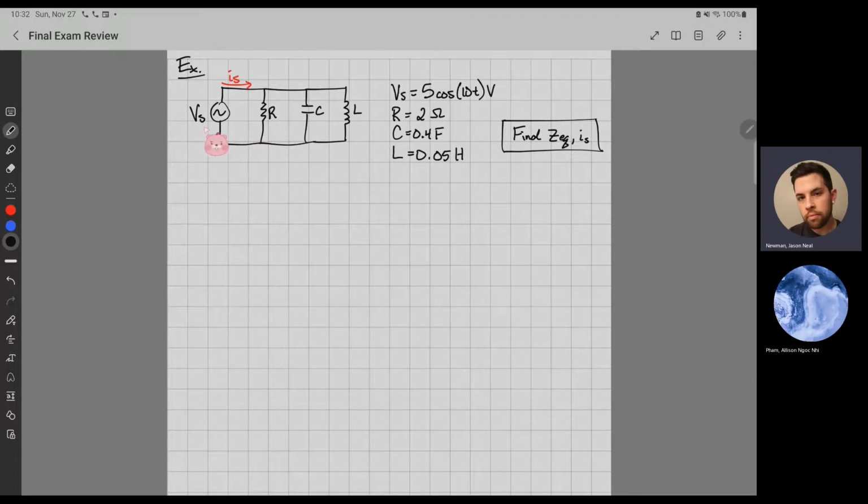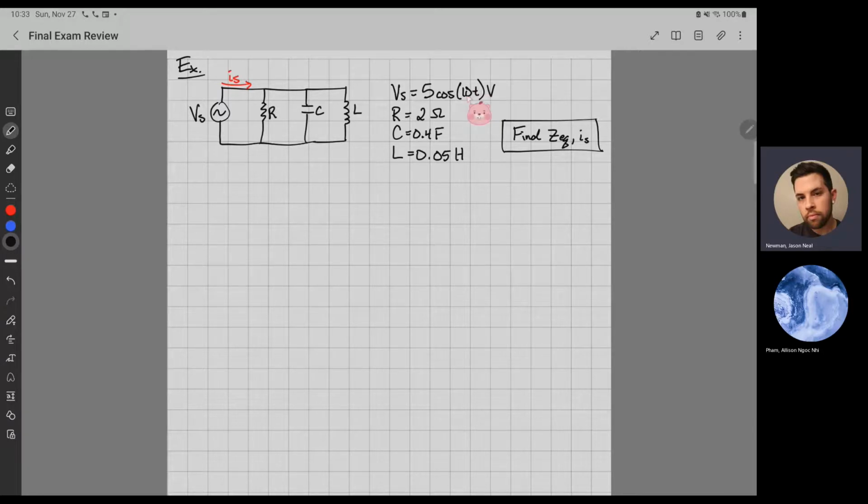This is an RLC circuit, and we have an AC source, and we're supposed to find Z equivalent and the I source. The I source would be the current coming out of the voltage source, and these are the values we're given: 5 cosine 10t.